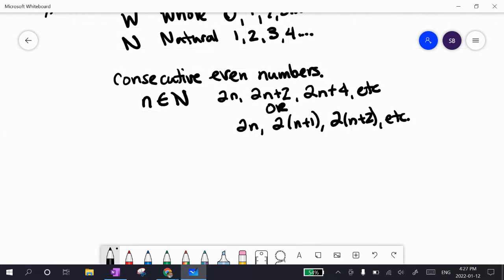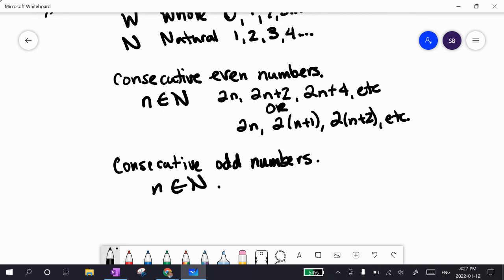Okay. If we're looking at consecutive odd numbers, again, n is part of the natural numbers. 2n minus 1, 2n plus 1, 2n plus 3, etc. Okay?